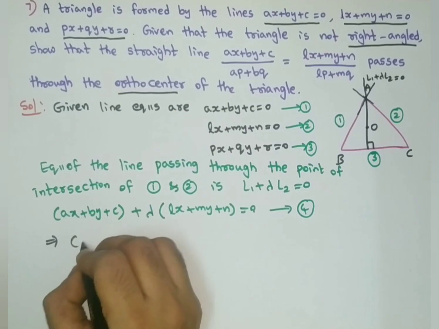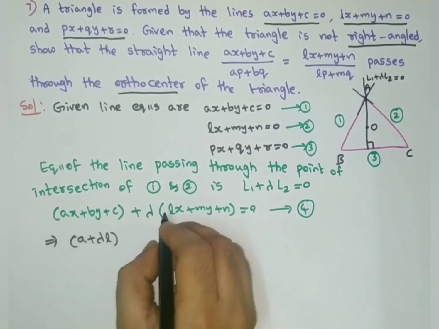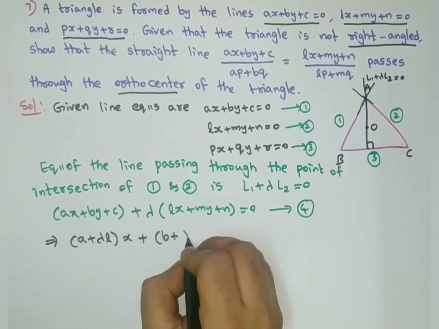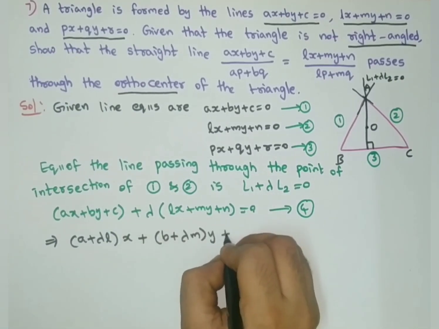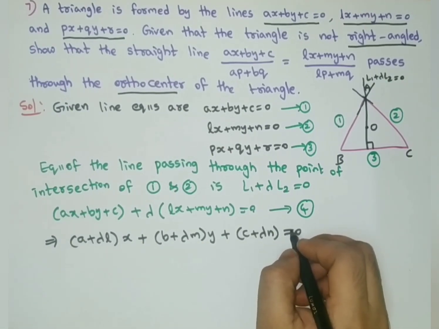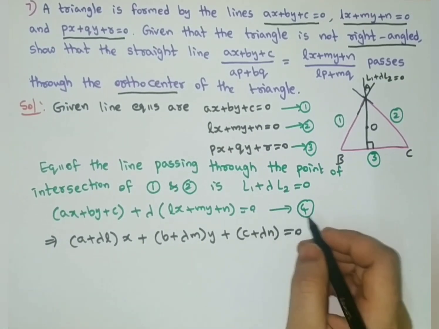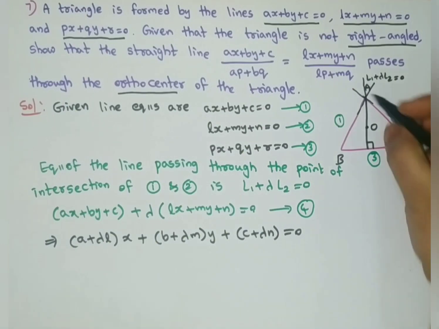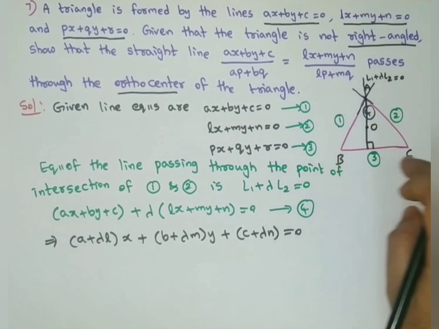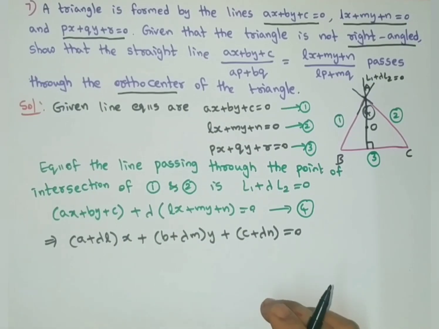So that implies a plus lambda l into x, b plus lambda m into y, plus c plus lambda n is equal to 0. Now what is given? This line equation is what? This is the fourth line equation. This one is perpendicular to what here? Equation 3.